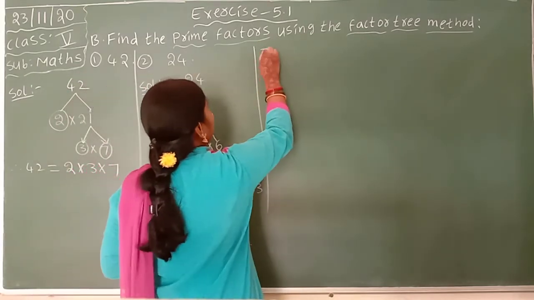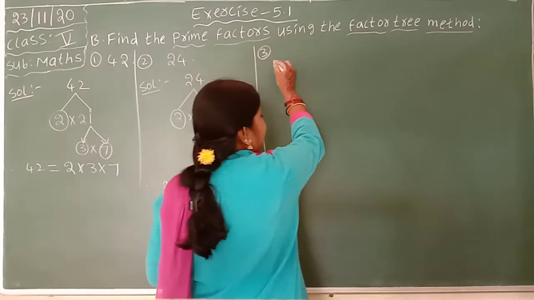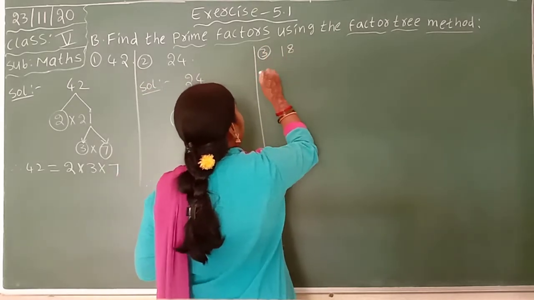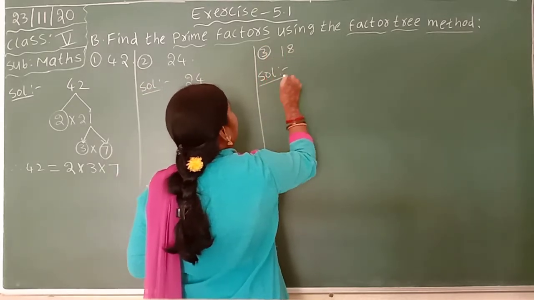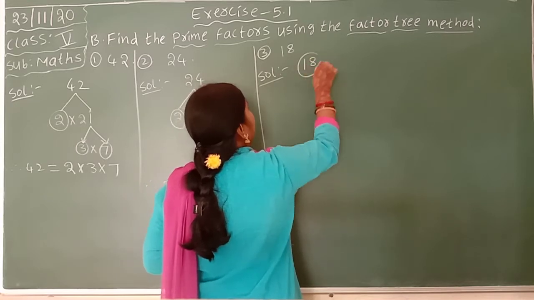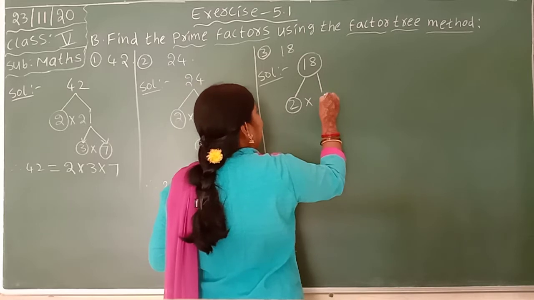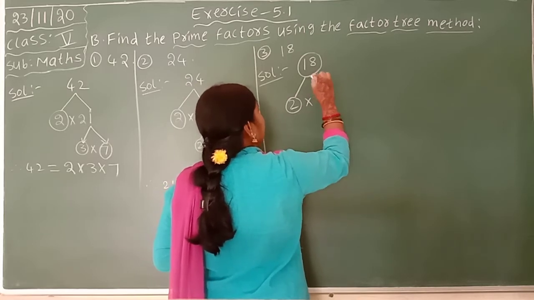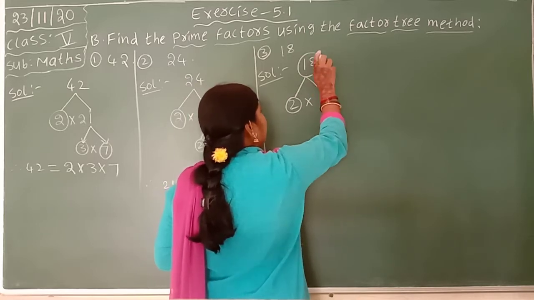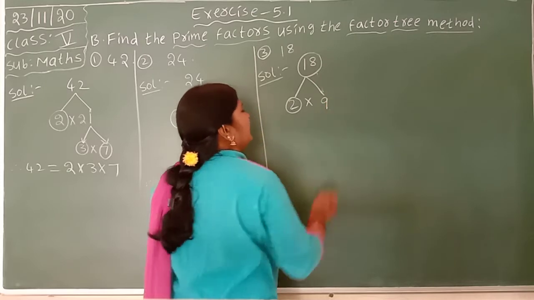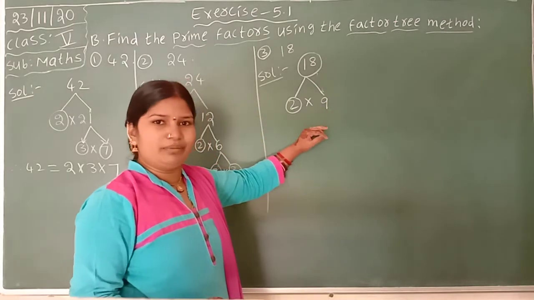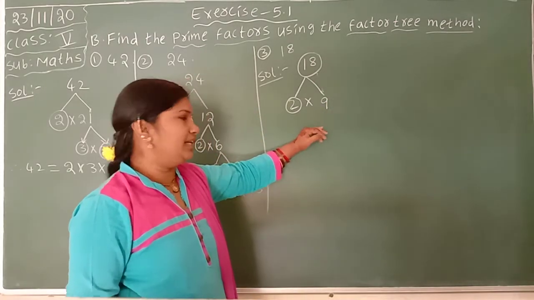Next, third question, that is 18. Again 18, multiply with the 2 table. 2 nines are 18. 9 is not a prime number, so no need to circle.